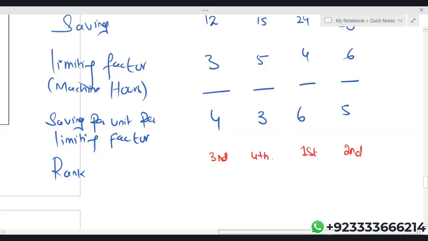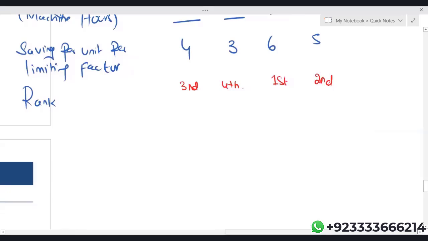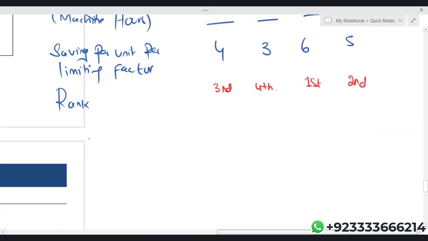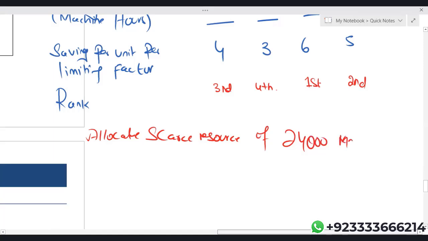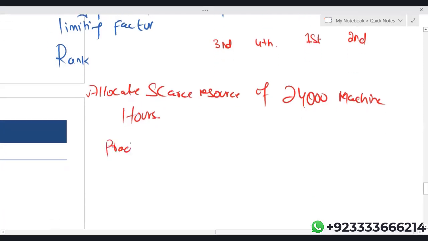Now we need to allocate the resources. Obviously, according to the ranking order, allocate the scarce resources of 24,000 machine hours to the products.